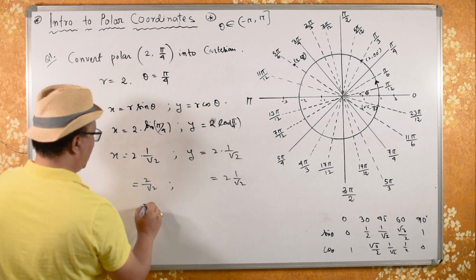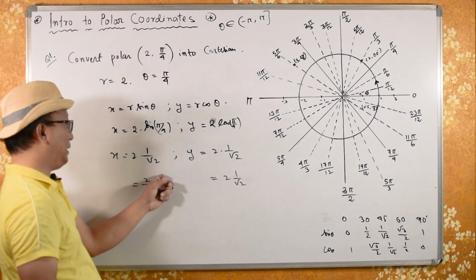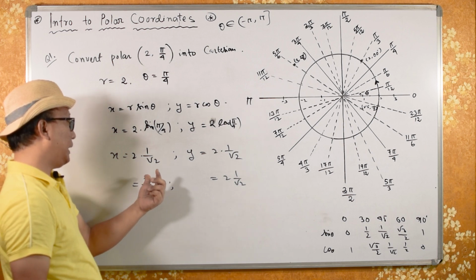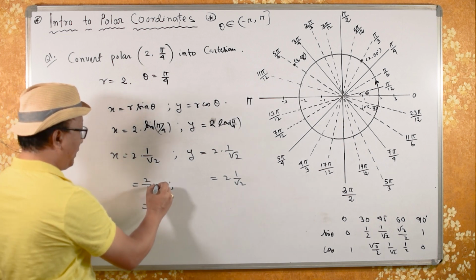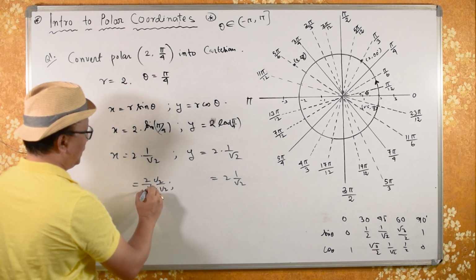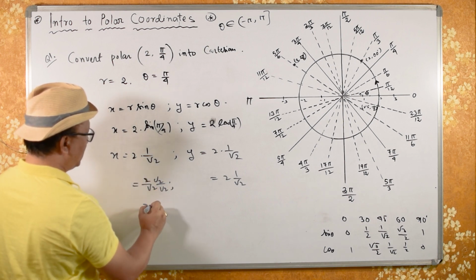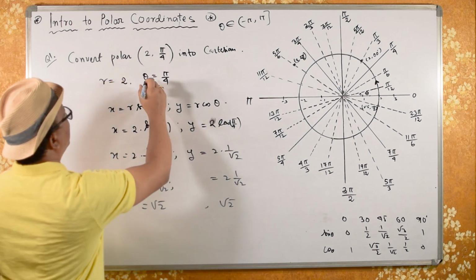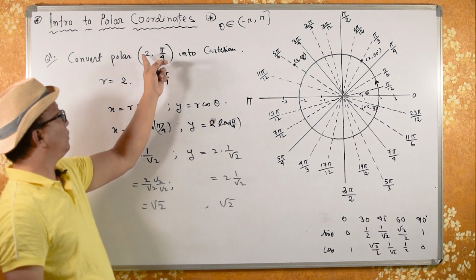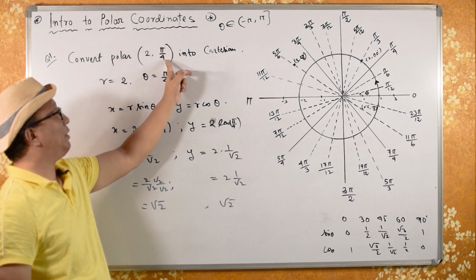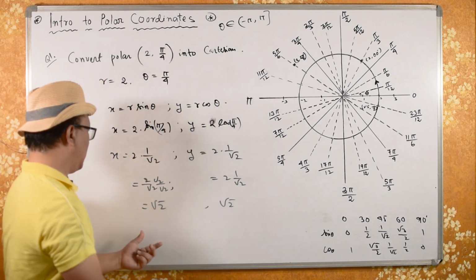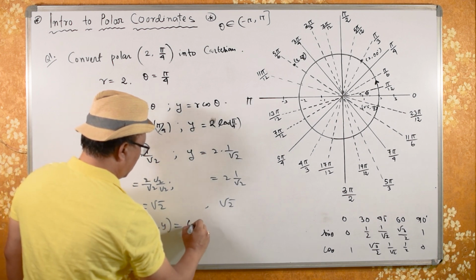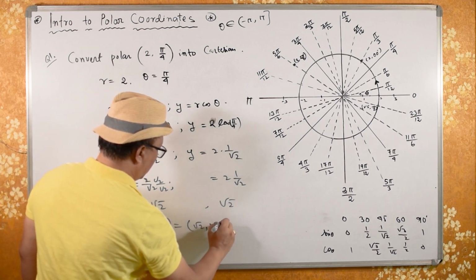I can keep root 2 up and down, and root 2 upon root 2 gets cancelled. I am getting only root 2, here also only root 2. So the polar form 2 comma π by 4 into Cartesian is (x, y) equals (root 2, root 2).